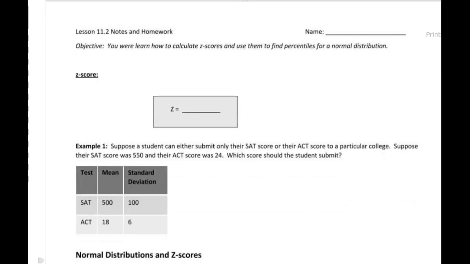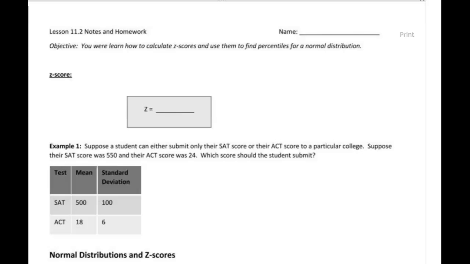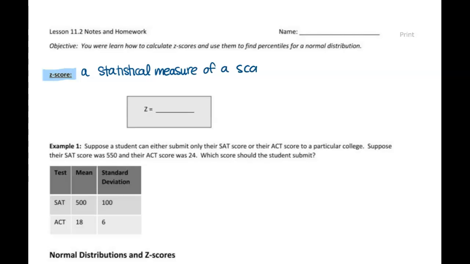Okay, so 11.2. We're building off 11.1 with the normal distribution. First we'll define a z-score. A z-score is a statistical measure of a score's relationship, or distance, to the mean.